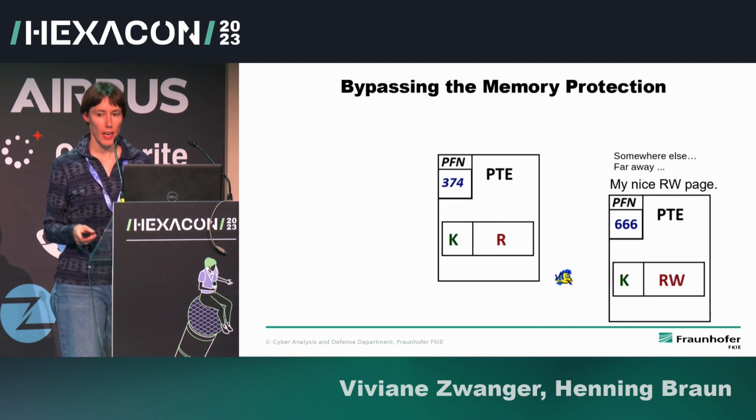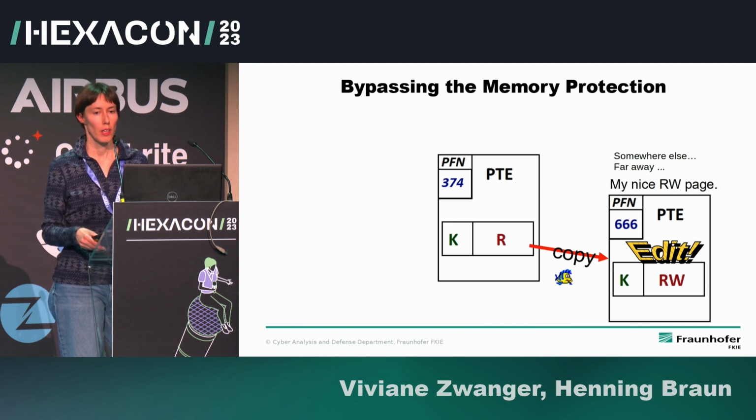So with this, let's edit this security critical page, which is read-only. For this, we read from the security critical page and copy the bytes to our read-write page. This is certainly fine because reading from a read-only page is within the rules. Then we start editing the read-write page, which is also okay because it's read-write. We edit all the security variables to our heart's content.